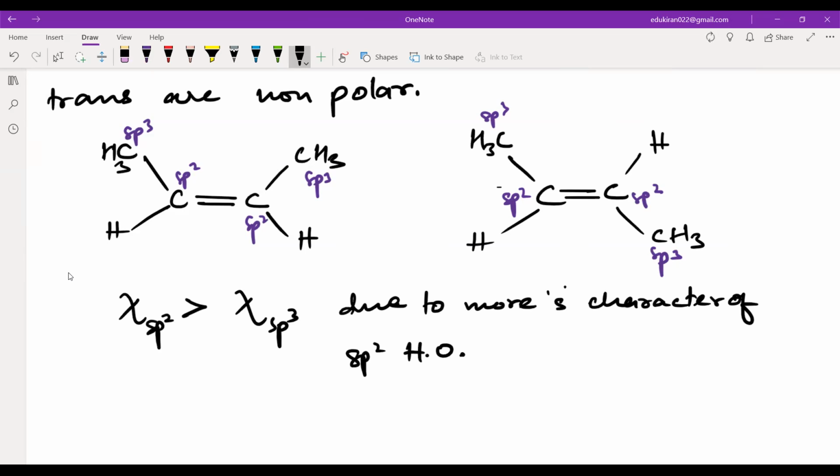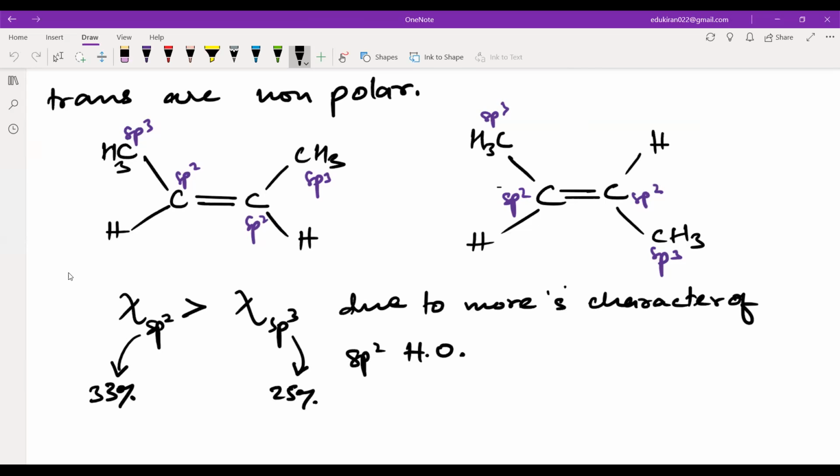In sp2, the s character is 33%, and in sp3 it is 25%. If s is 33%, it is nearer to the nucleus, since s is nearer to the nucleus.